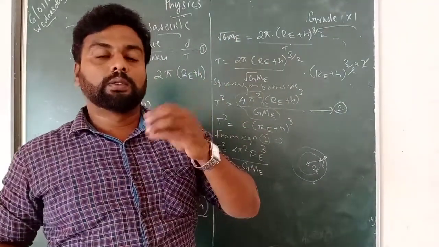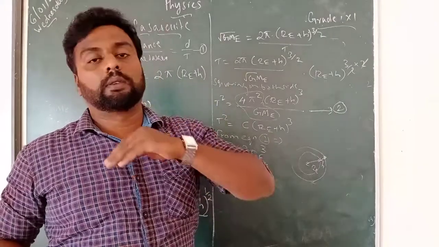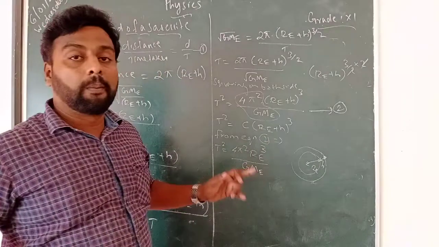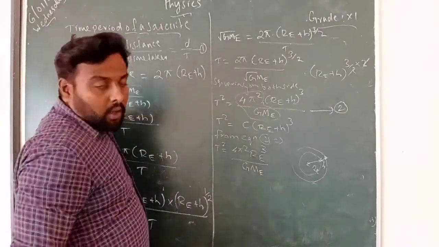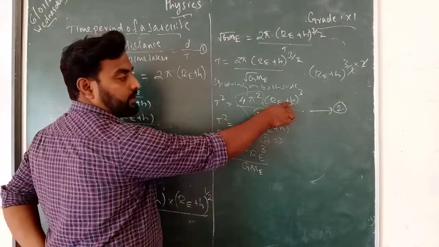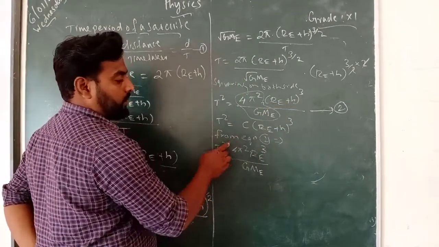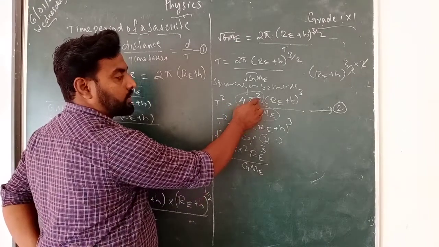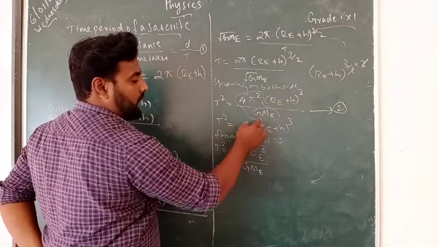So we can neglect the height of the satellite and only take the radius. So from this equation I neglected the height, and from equation 2 we are writing T square is equal to 4 pi square R_E cube by GM_E.